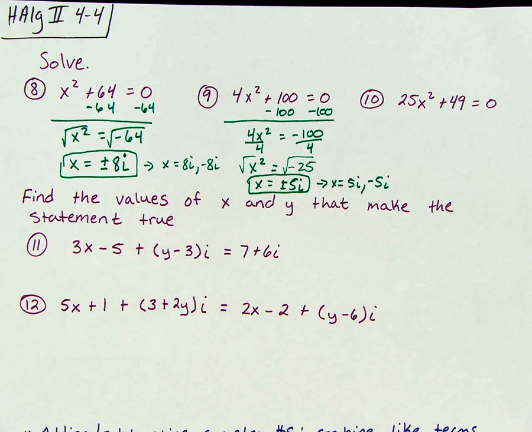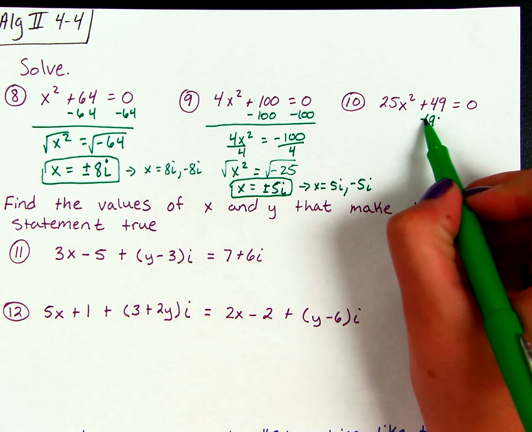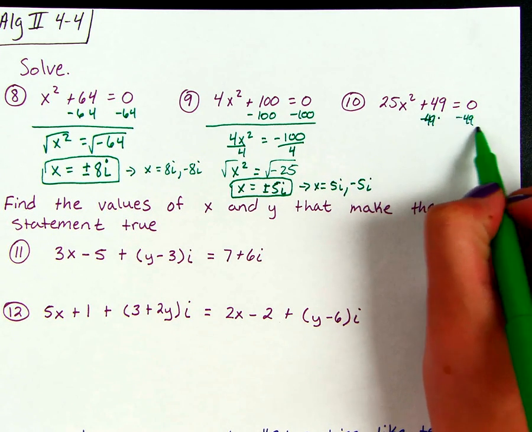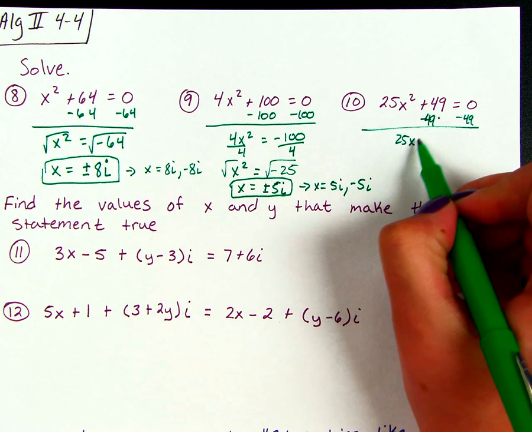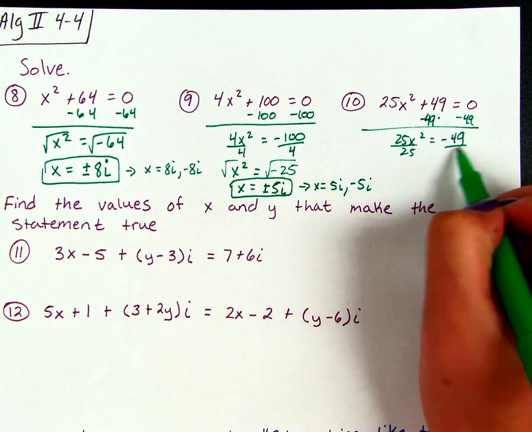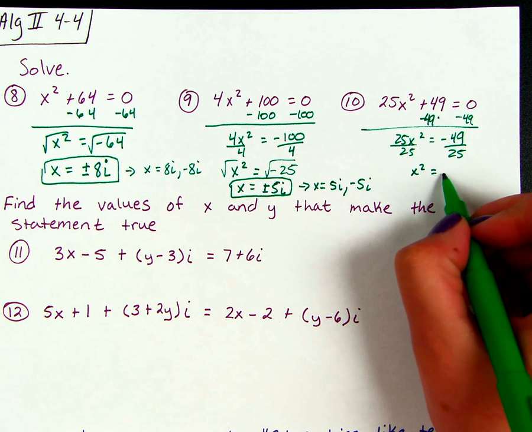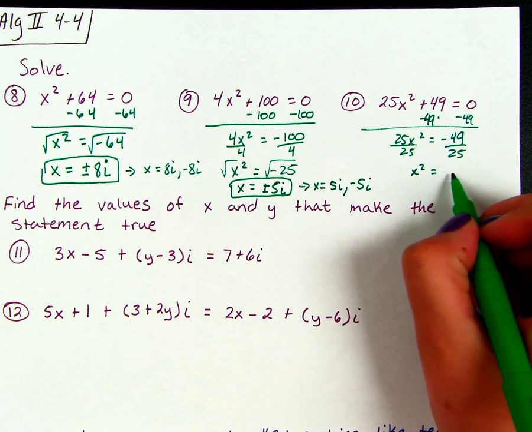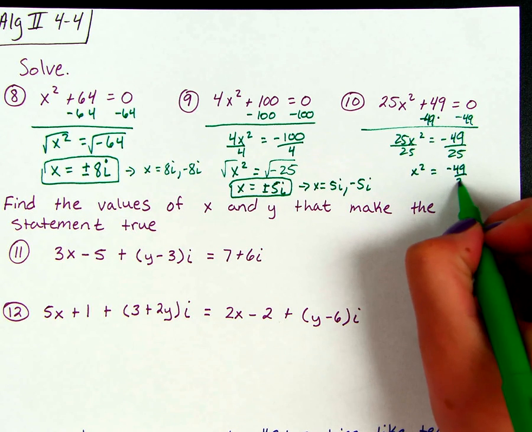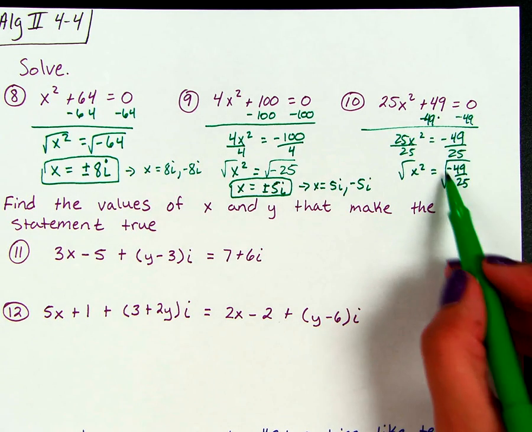All right, our last example like this, again, we're going to start by subtracting the 49 over. So we'd have 25x squared equals negative 49. Divide by 25. And we can't simplify that, but that's okay because 49 and 25 are both perfect squares. So when I take the square root of it, we can take the square root of the top number.